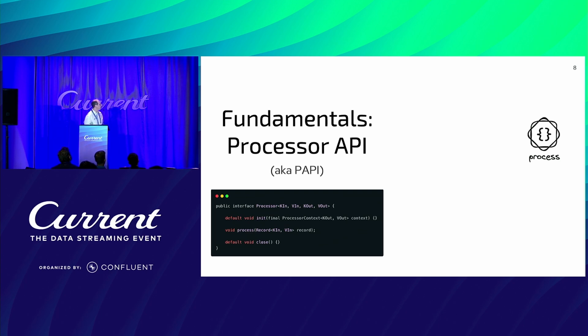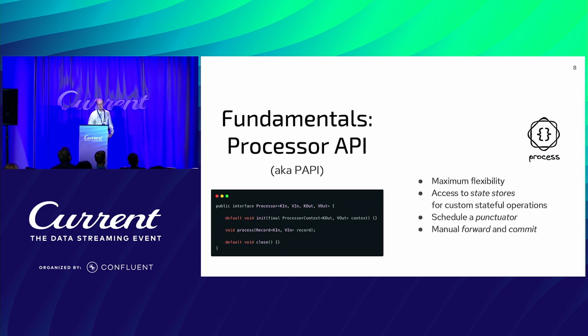There's mainly one method, process, which accepts a single record, and you can do whatever you need to. And there's the init method, where you can get access to the processor context. The processor API provides maximum flexibility, such as access to state stores, or scheduling a punctuator, which we're also going to use. You can also manually forward or commit your records and offsets.